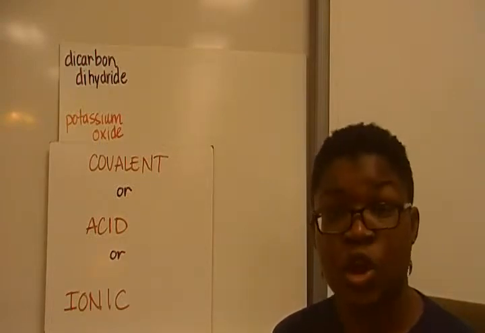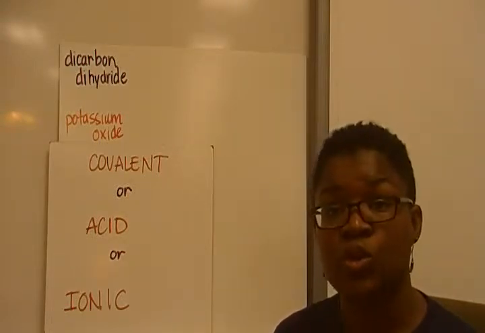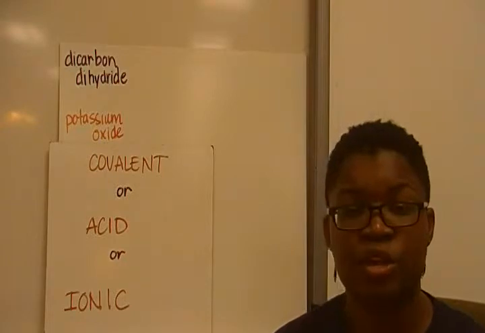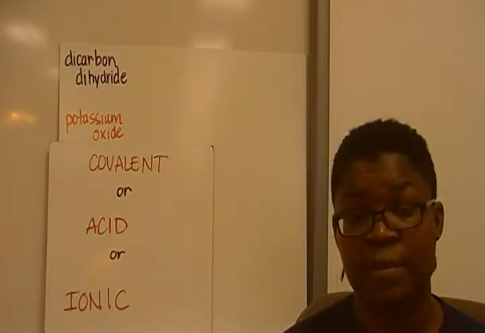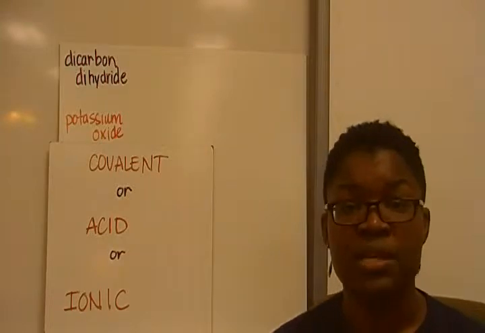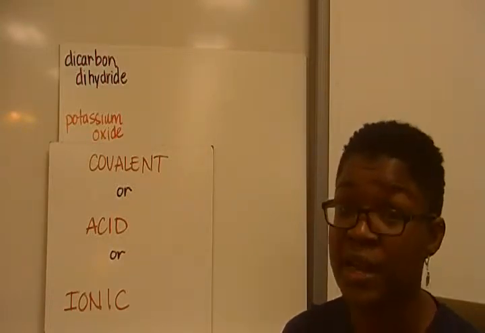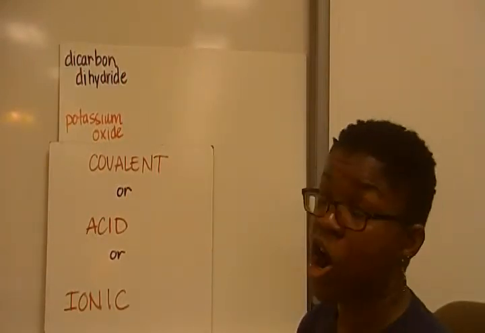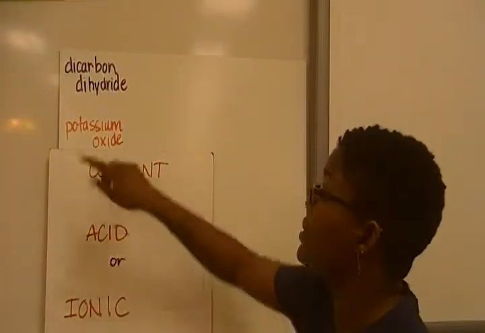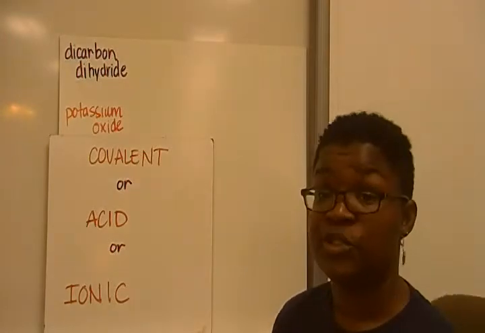Another key thing is that covalent compounds include prefixes like di, tri, tetra, penta. All of those are listed in 9.3 that are used to tell you how many. So actually, covalent compounds are the easiest to name. So let's look at this one, dicarbon dihydride. You'll notice that it has prefixes and it's two nonmetals.